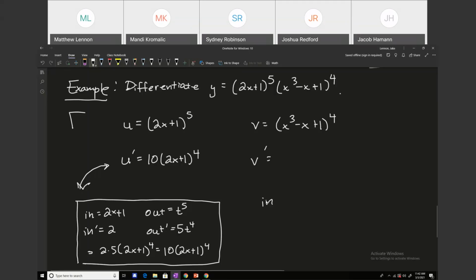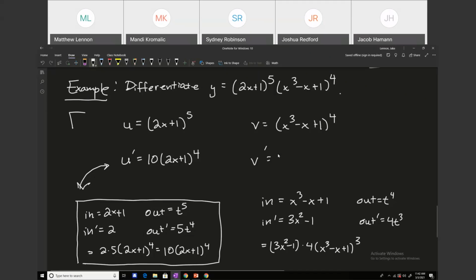Then v prime, we're going to do the same thing. So our inside will be x cubed minus x plus 1. Our outside will just be t to the fourth. So then our inside prime is going to be 3x squared minus 1. Our outside prime is going to be 4t cubed. So our derivative here will be 3x squared minus 1 times 4 times x cubed minus x plus 1 to the third.